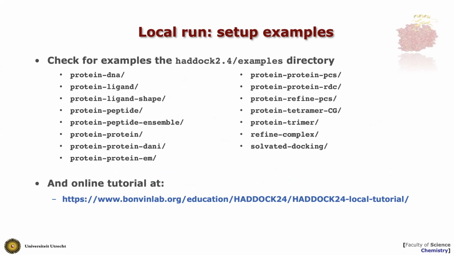Look also at which parameters are changing in those particular examples to apply ideal or optimal parameters to your specific problem. You also see a refine complex option here, so you can also refine and not only dock. And again, if you're going to run a local version of HADDOCK, take a look at this HADDOCK 2.4 local tutorial version. It will guide you for the initial steps.